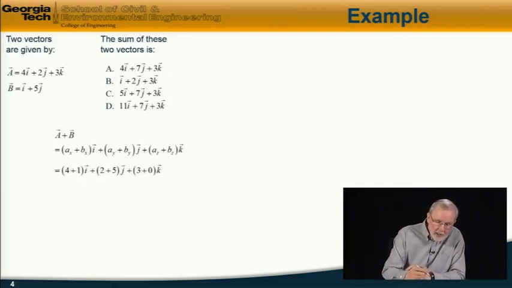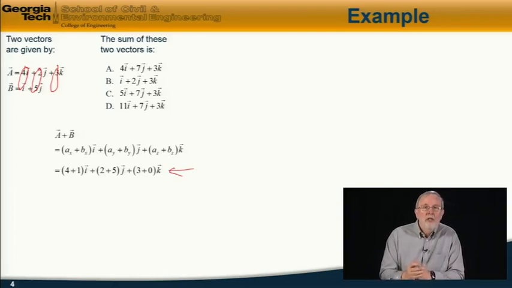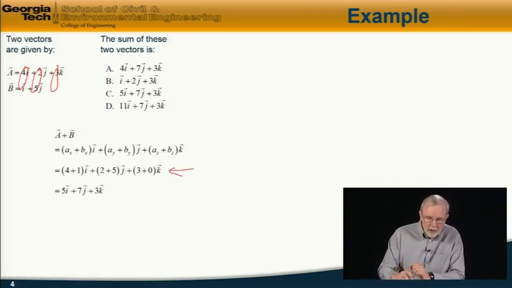So in this case, the i component is 4 plus 1. The j component is 2 plus 5. And the k component is 3 plus 0, which is the equation which is given here. So expanding and computing that, we find that that is equal to 5i plus 7j plus 3k, and the answer is C.